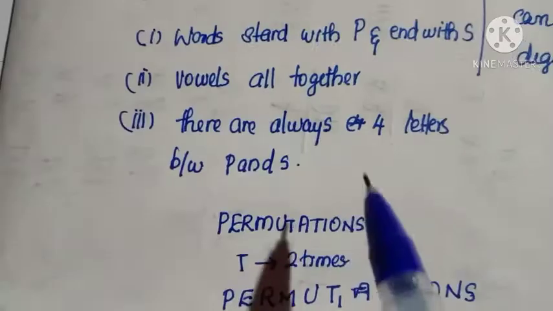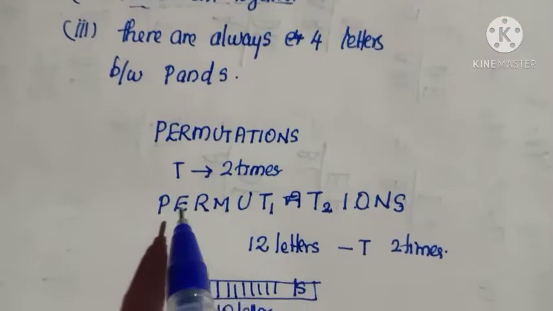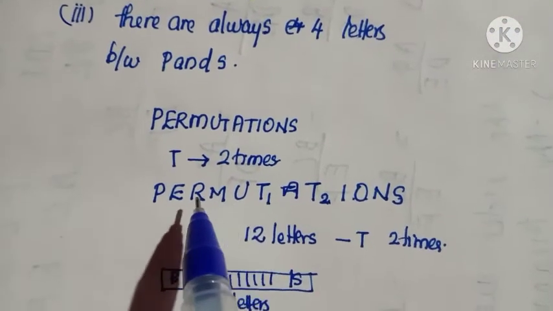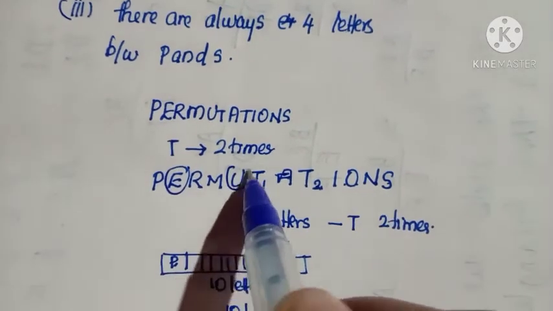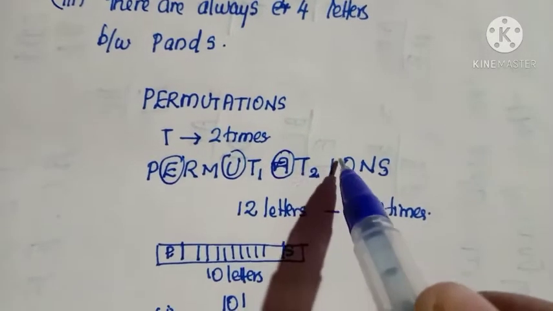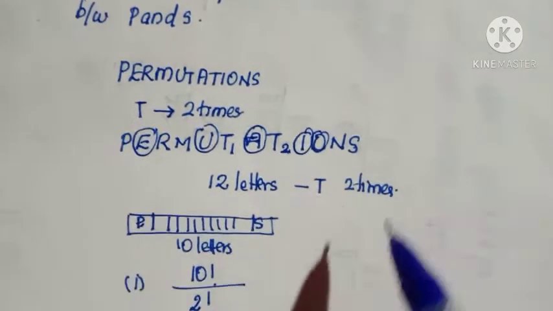Okay. Second one, vowels all together. In these letters, count how many vowels are there. E is a vowel, U is a vowel, A is a vowel, I, O. All other letters are consonants.